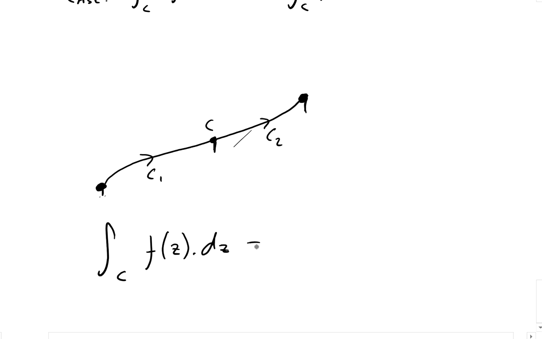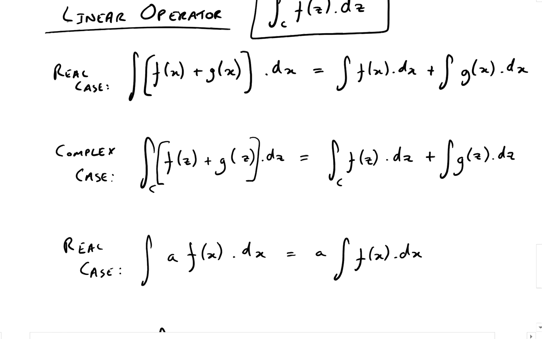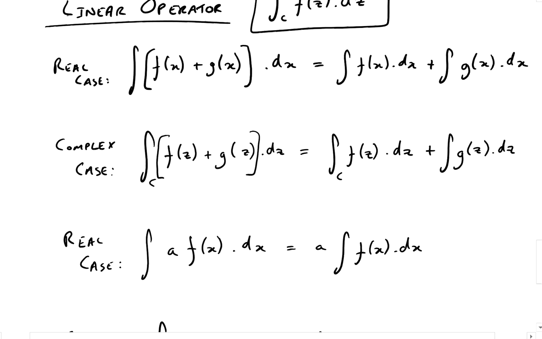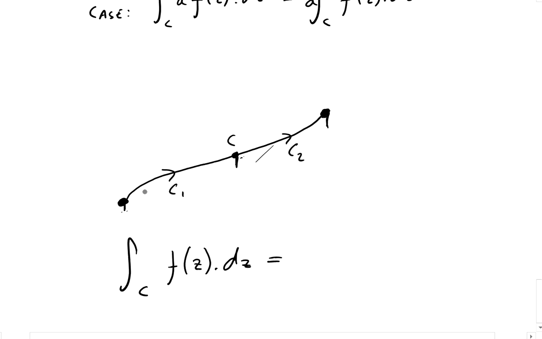We can do exactly the same thing; it's a bit like adding these two functions together. We're adding the integral of the function over the first part to the integral over the second part. So this is the integration over C1 of f of z dz plus the integration over C2.